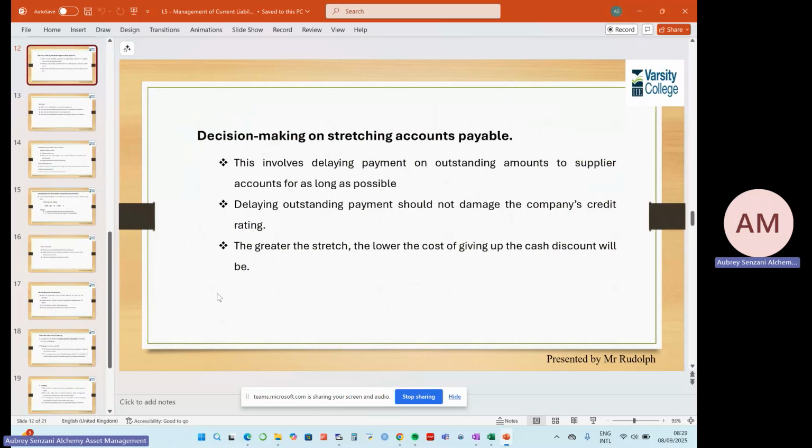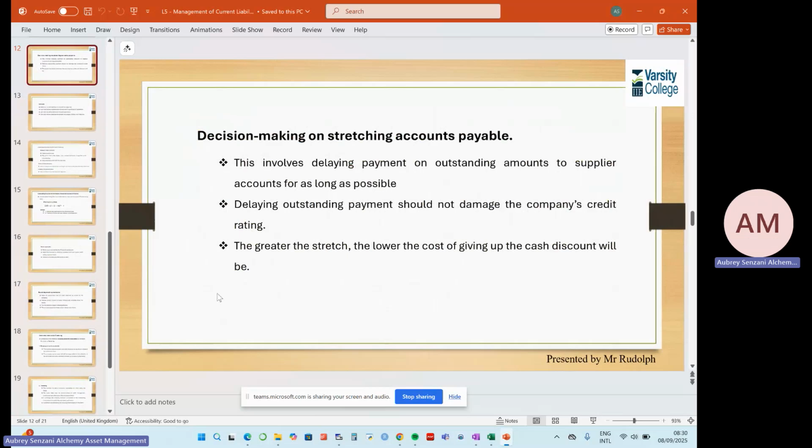Okay. Decision making on stretching accounts payable. This is pretty much what I've been talking about. So this involves delaying payment on outstanding amounts to supplier accounts for as long as possible. Delaying outstanding payment should not damage the company's credit rating. Okay. So in other words, we should still pay within the agreed period, even if we're stretching.